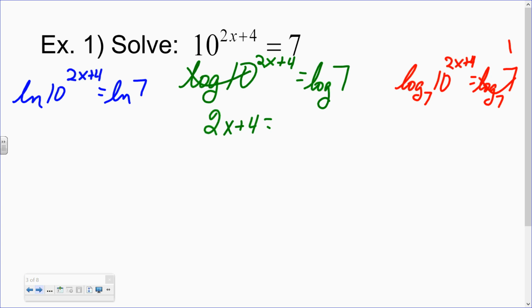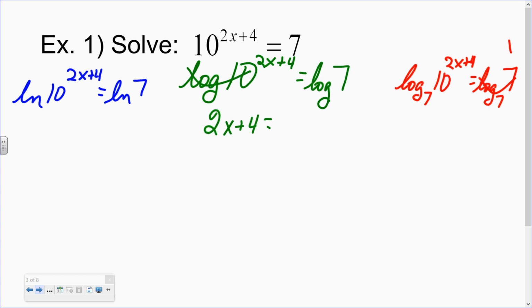So I want you to know you can do log base anything, and you're going to be making a choice that you think is best for that problem. We already talked about on this one, maybe log base 10 is the best because something will cancel, and that is the way we're going to finish solving this one.